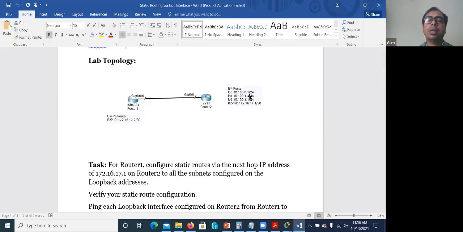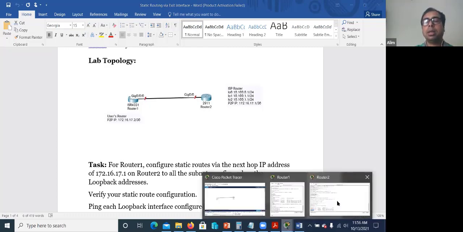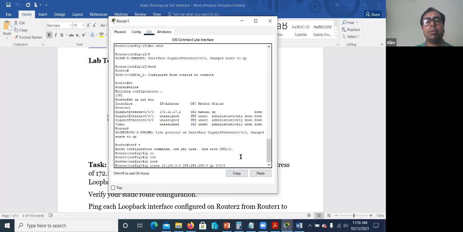That is, its network is 10.100.0.0, right? That is configured here, and IP address, network address is written, then subnet mask, then exit interface.